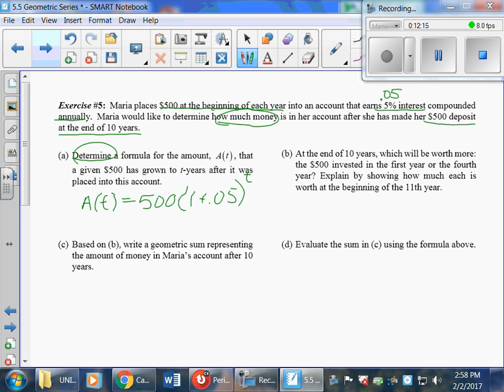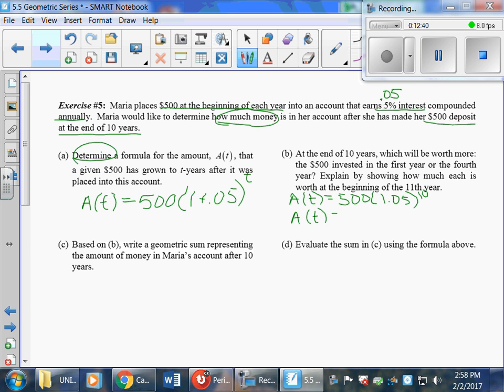B says at the end of 10 years, which would be worth more, the $500 invested in the first year or the fourth year, and explain by showing how much each is worth at the beginning of the 11th year. Well, I know that A of t for the first one is going to be $500 times 1.05 raised to the 10th power, because it's got 10 years to sit in that account.